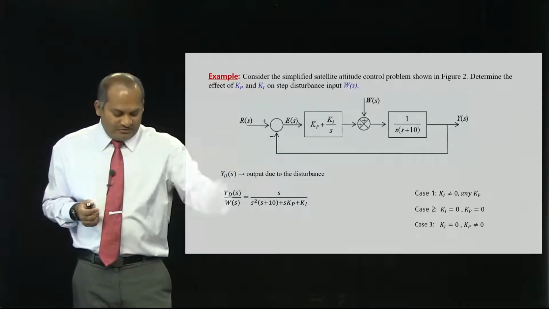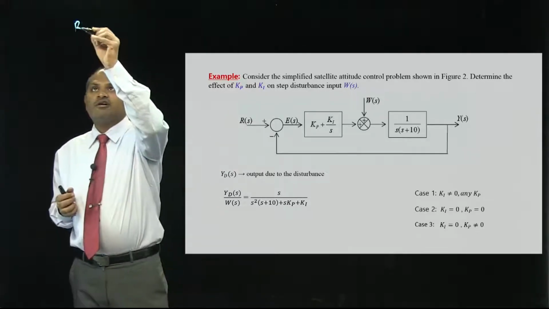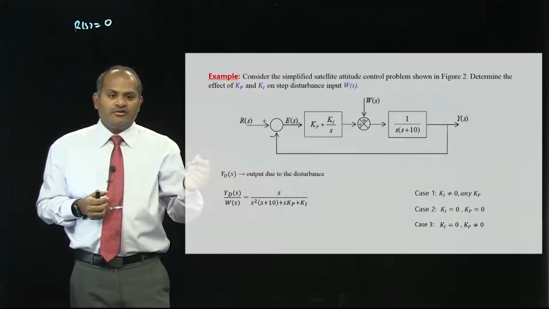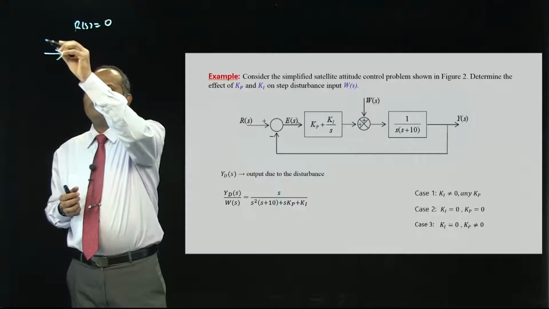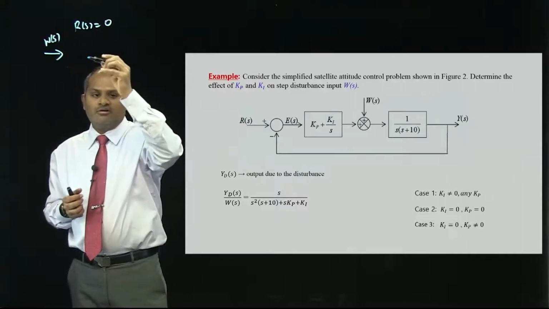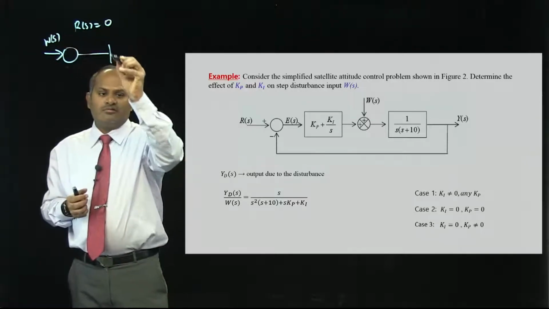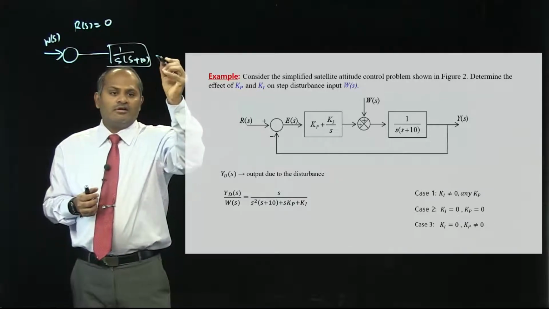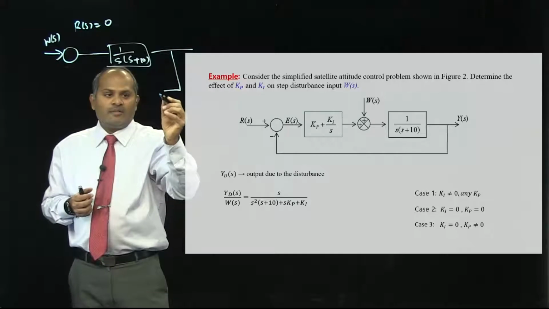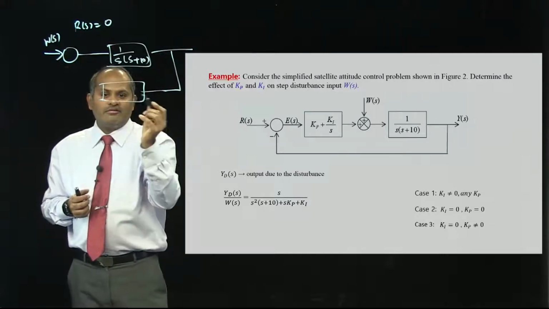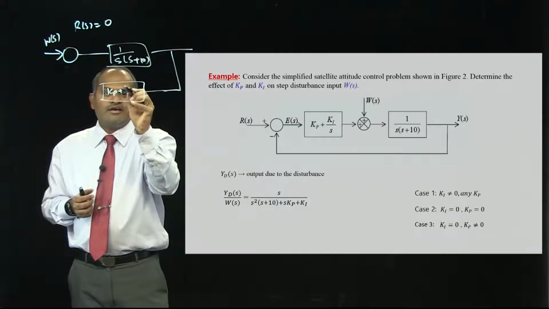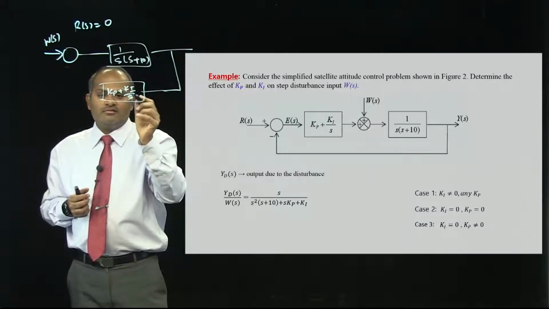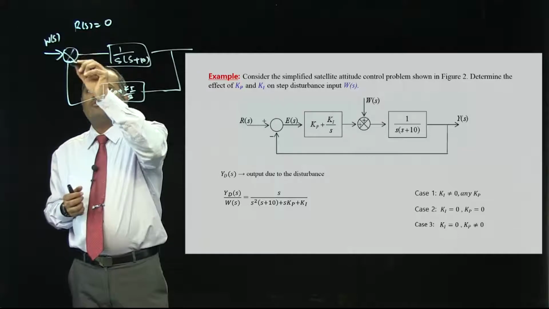So, take R of S equal to 0 and then reformulate the transfer function. Choose W of S as the input and then you get 1 by S into S plus 10 and then Y of S, and then all your feedback goes here, Kp plus Ki by S, with a plus minus at the summing junction.